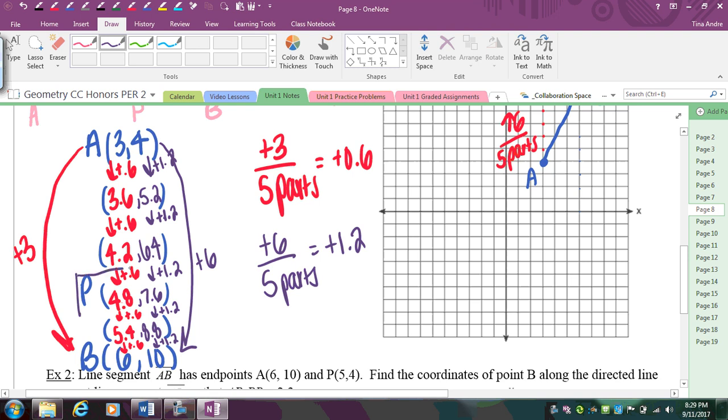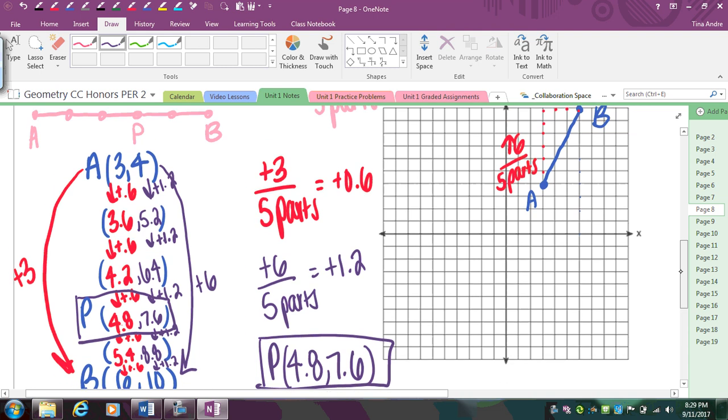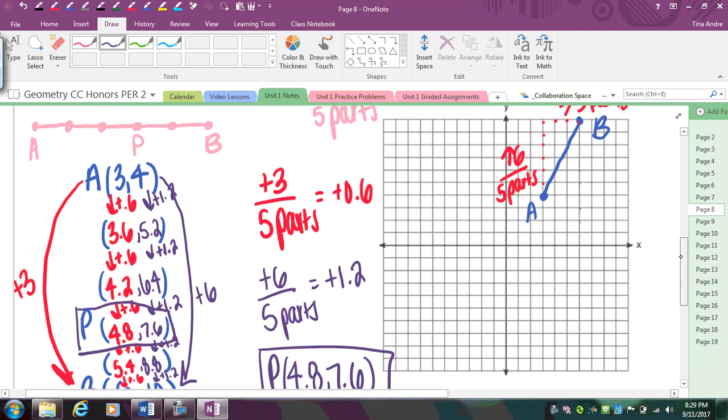So the answer is this point P, 4.8, comma 7.6, because this is the point that'll break that line segment AB into a 3:2 ratio. Because remember, this first picture here is so important because that tells you how many coordinates you have in between A and B and where to place point P. So that's the process for this.